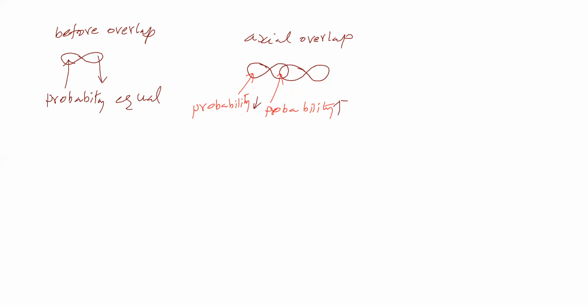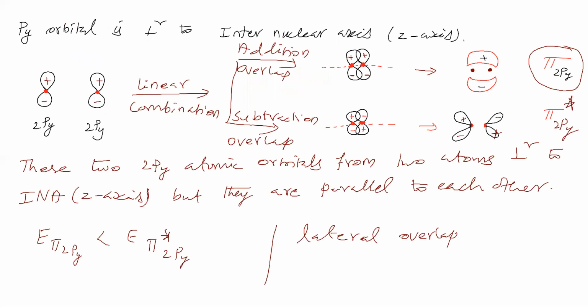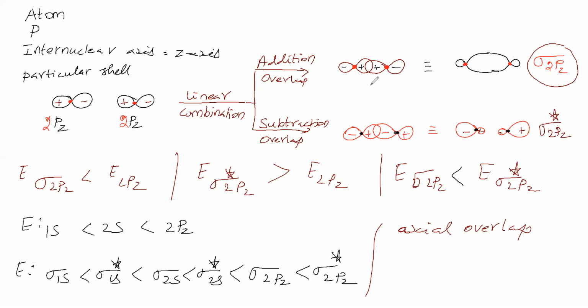How do we say that? Now you see, 2pz atomic orbitals undergo axial overlapping and a molecular orbital results. Now see, this lobe is small, but this one is big. Small means the probability is low; big means the probability is high. Before overlapping, the lobes are the same size, so the probability is the same. Due to overlapping, a big lobe results here, meaning the probability is high, and here the probability is low.